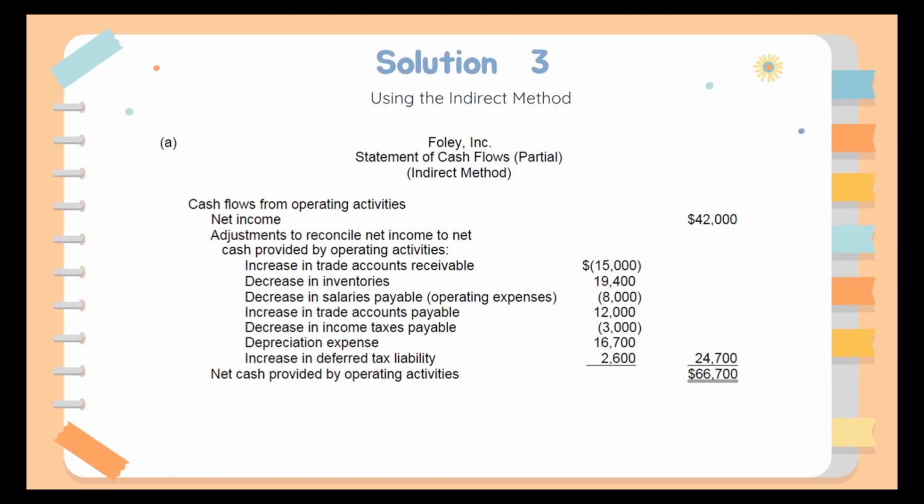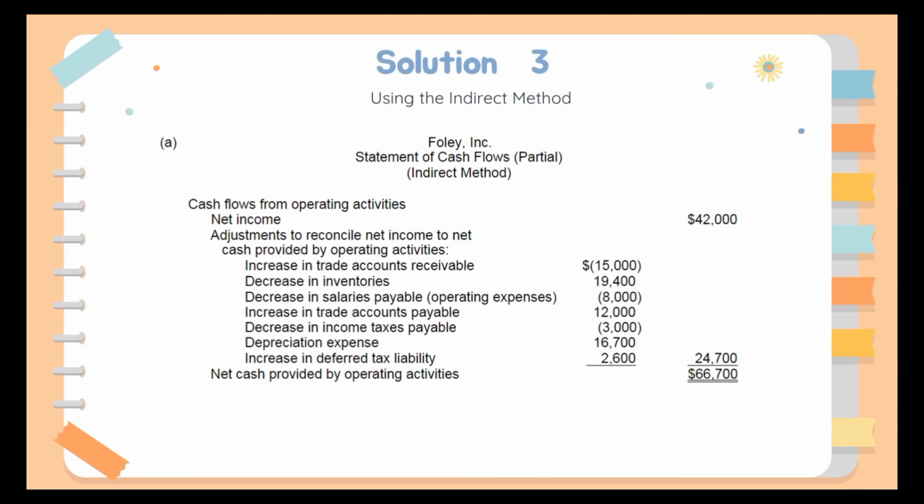First for the adjustment is increase in trade account receivable. So, di ba, pag increase in operating current asset, deducted yon kasi nga inverse relationship siya. So, yung 15,000 nakadeduct siya. Tapos, decrease in inventories, inverse relationship, kaya added siya yung 19,400.